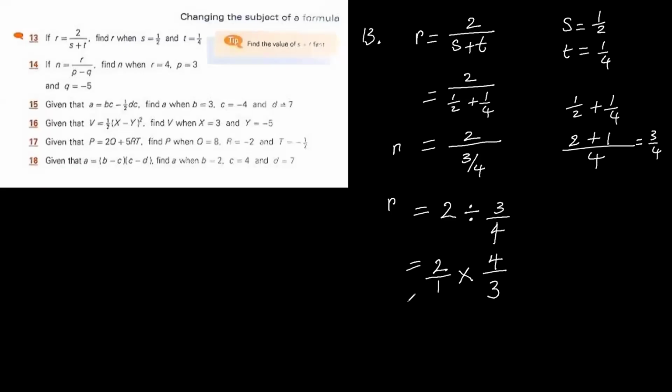Nothing could cancel, so that leaves me with 2 times 4 over 3. That's a little trick. You change how it's being written, so you rewrite.